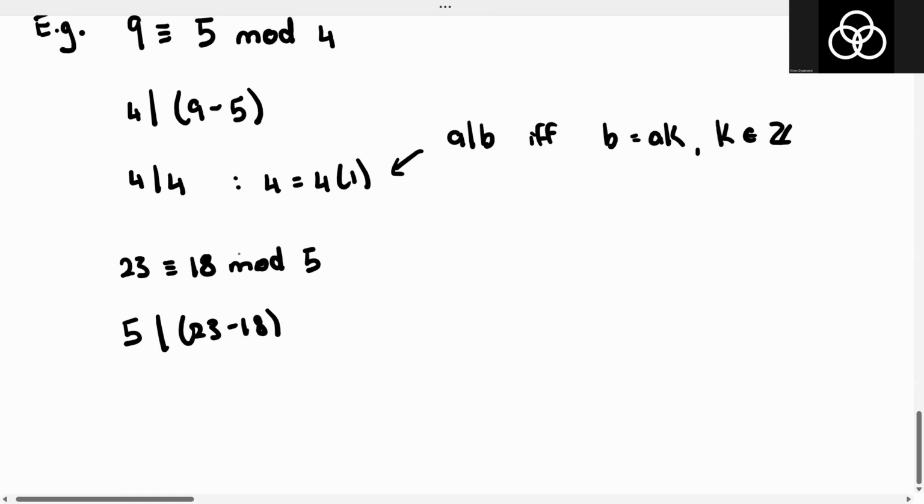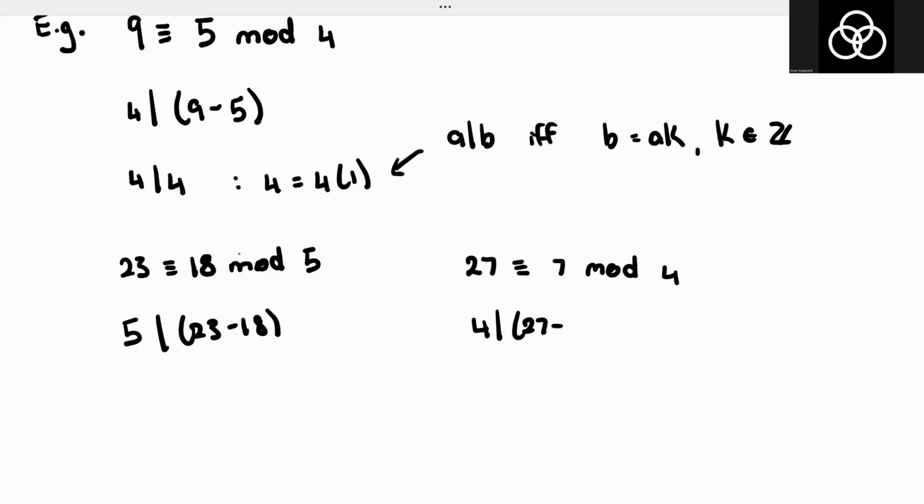We could have 27 is congruent to maybe 7 mod 4, right? So 4 divides 27 minus 7. 4 divides 20. Of course, this is true because we could write 20 as 4 times 5. Right? So this is the idea behind congruence modulo.